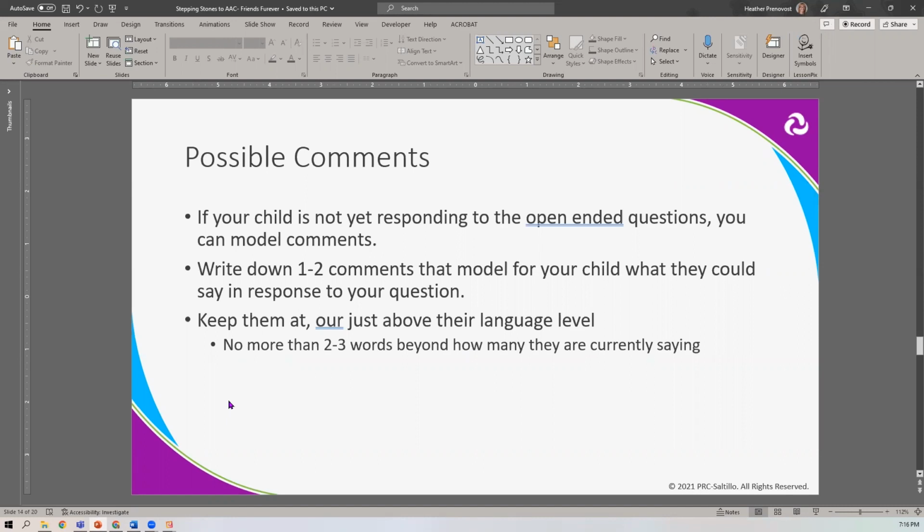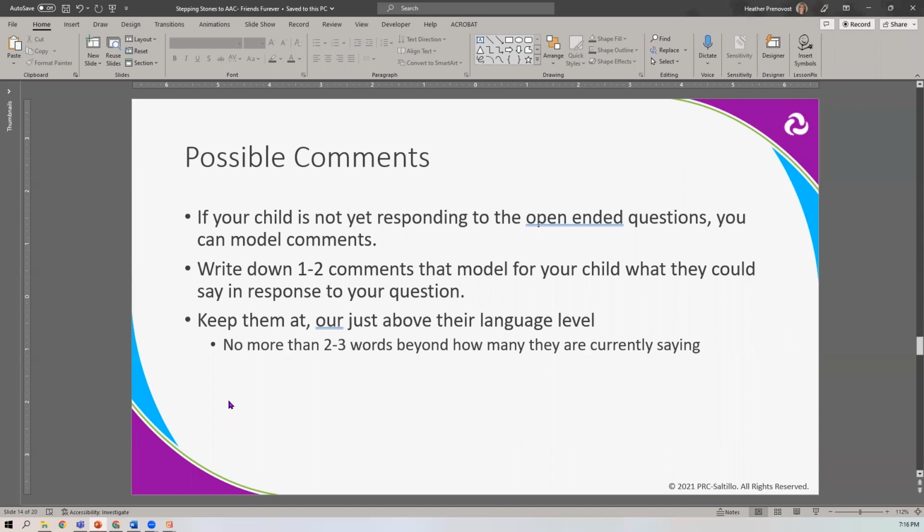Right. The next part of this is called possible comments. We know not all of our AAC learners are ready to answer questions. That's where we're getting them to, right? Sometimes they're just not responding yet, or it's that time of day. There are all sorts of reasons that maybe they aren't answering the question.